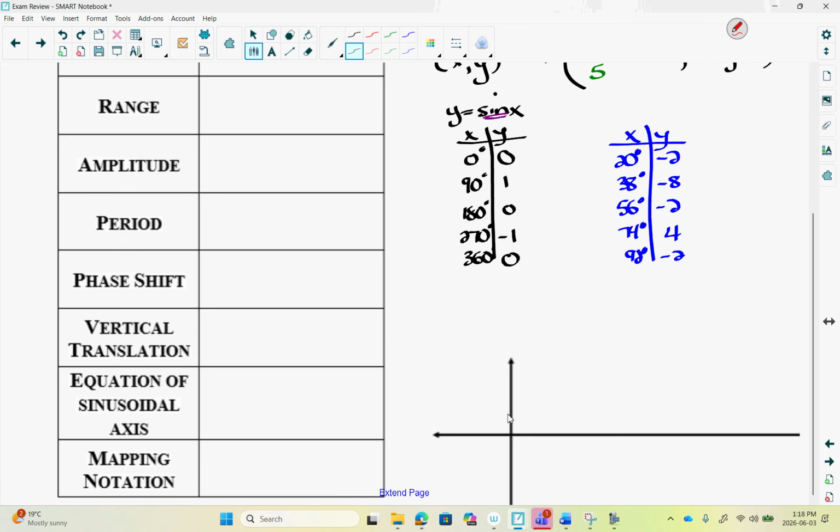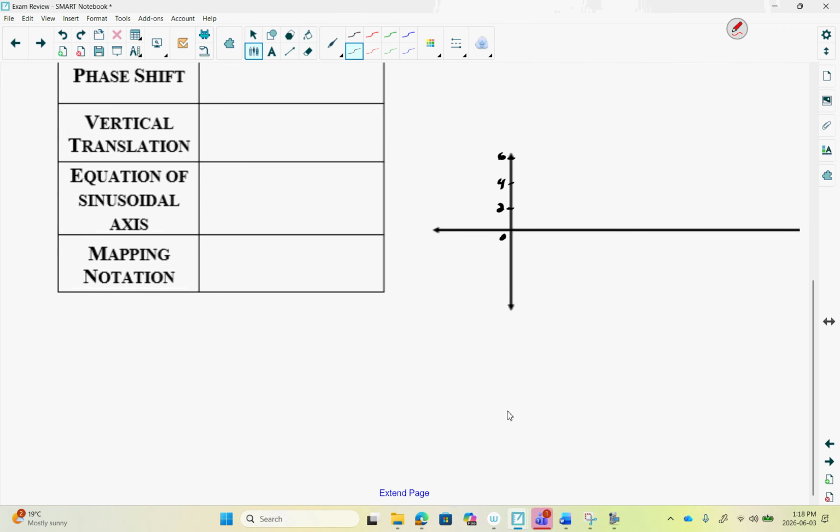I'm going to go 2, 4, 6. And then I'm going to go down the y-axis. Negative 2, negative 4, negative 6, negative 8. Along the x-axis, let's put a little break in the curve.